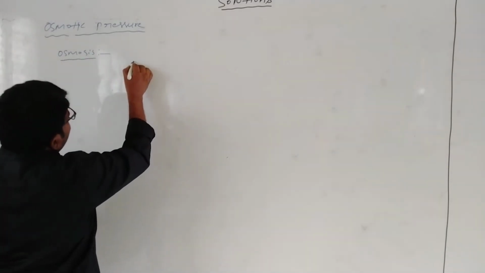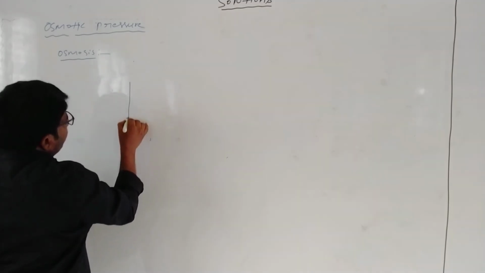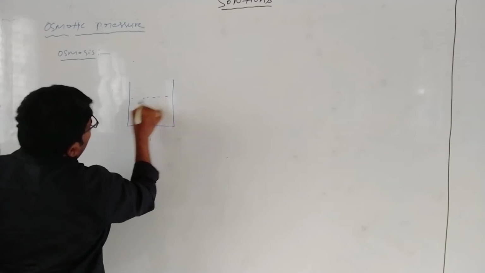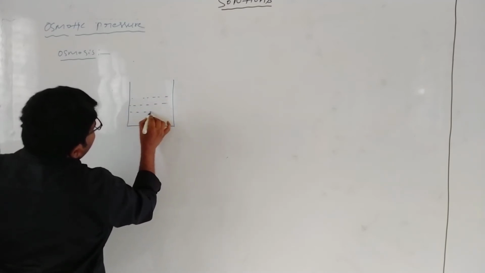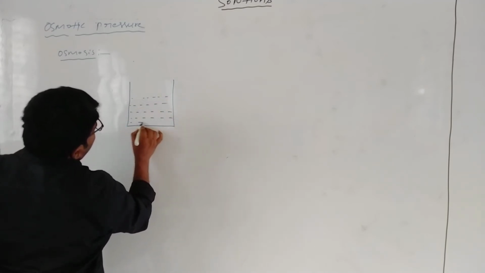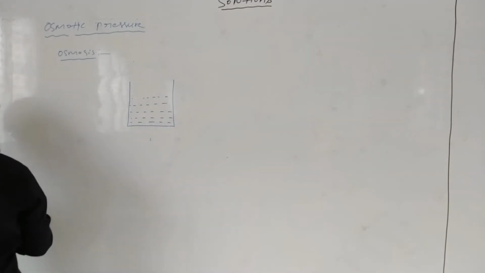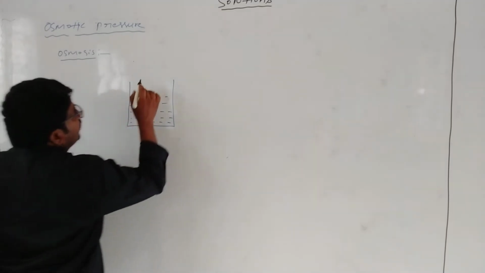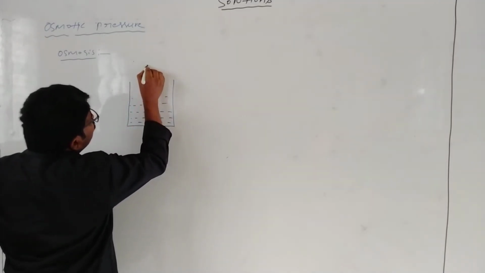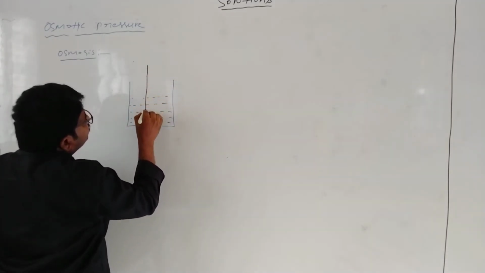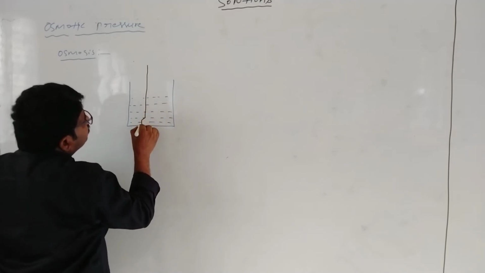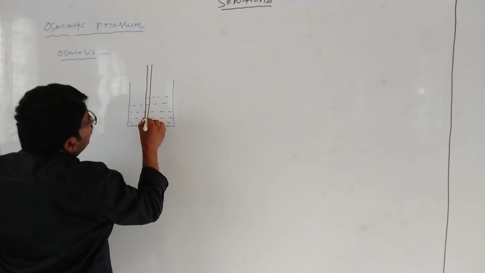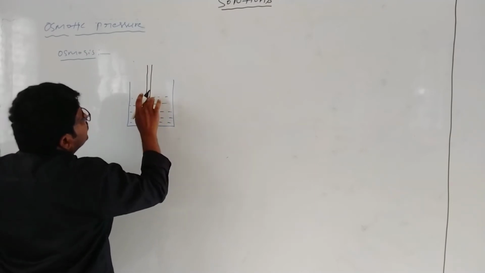So first you have to take one beaker. This beaker is containing water. Now, one more beaker you have to take, a U-shaped beaker.